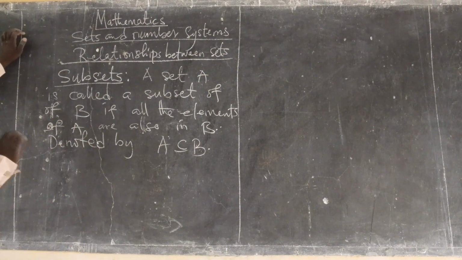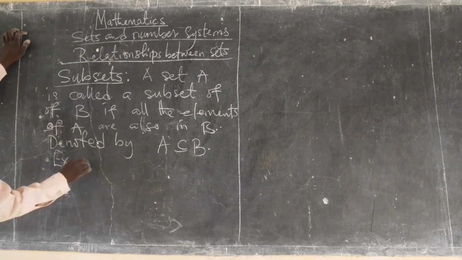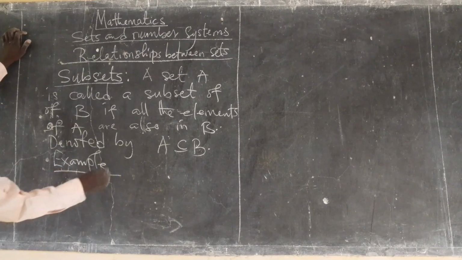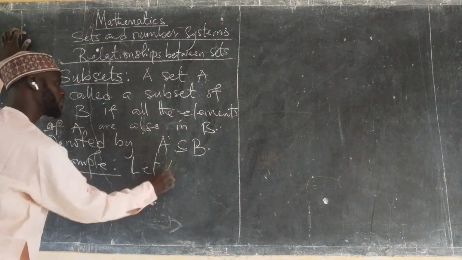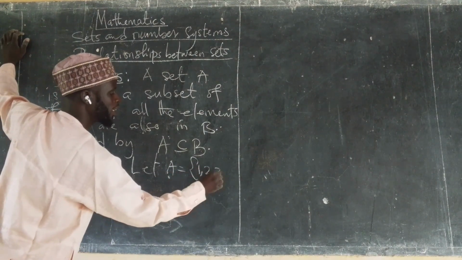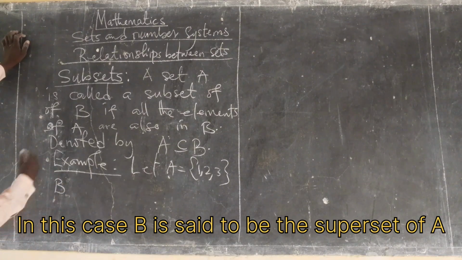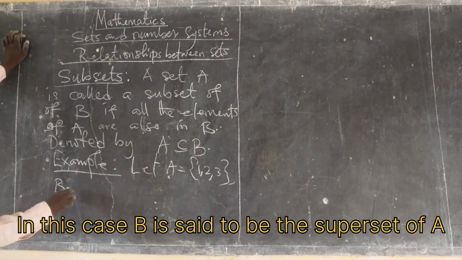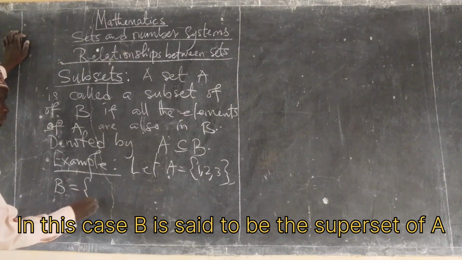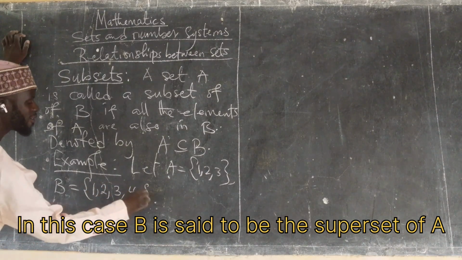Now, to exemplify this concept, we have an example. Let A equal a set containing 1, 2, and 3, and B equal a set containing 1, 2, 3, 4, 5.